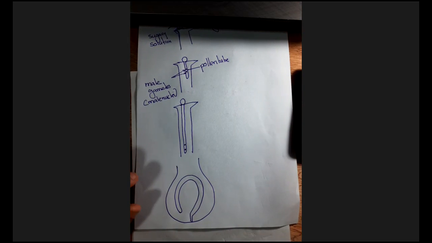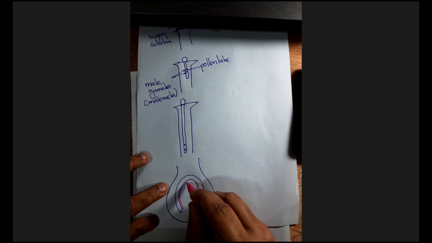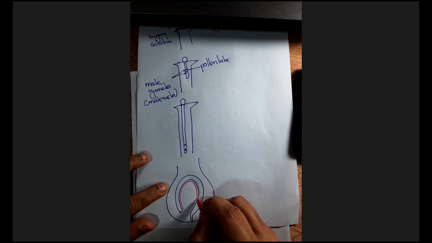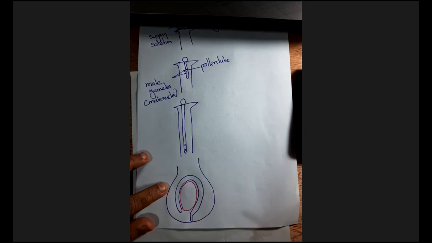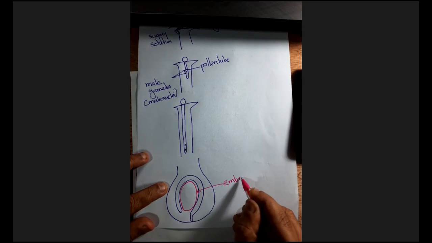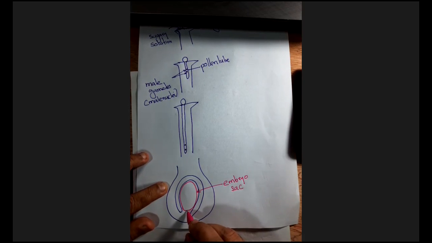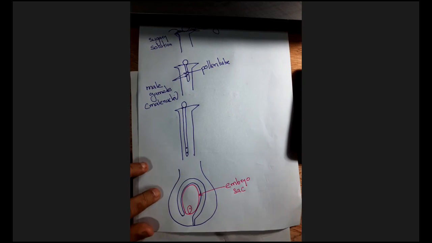And inside the ovule, there will be a structure like this. This structure is called embryo sac. In it, there will be an egg cell or the ovum.